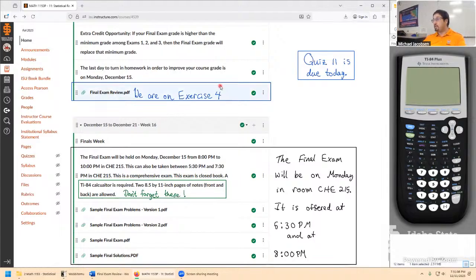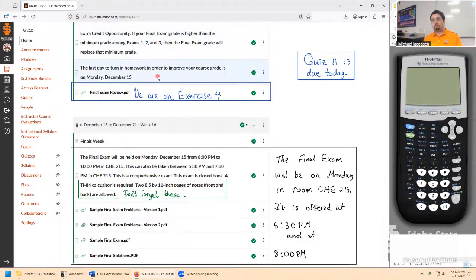We're going to finish off exercise 4, the last inferential statistics one, and then go into the other random topics in these notes. But for the other announcements and reminders, don't forget there are 2 extra credit opportunities on the table. One is for the final exam grade, which can fully replace a minimum exam grade if it's higher.